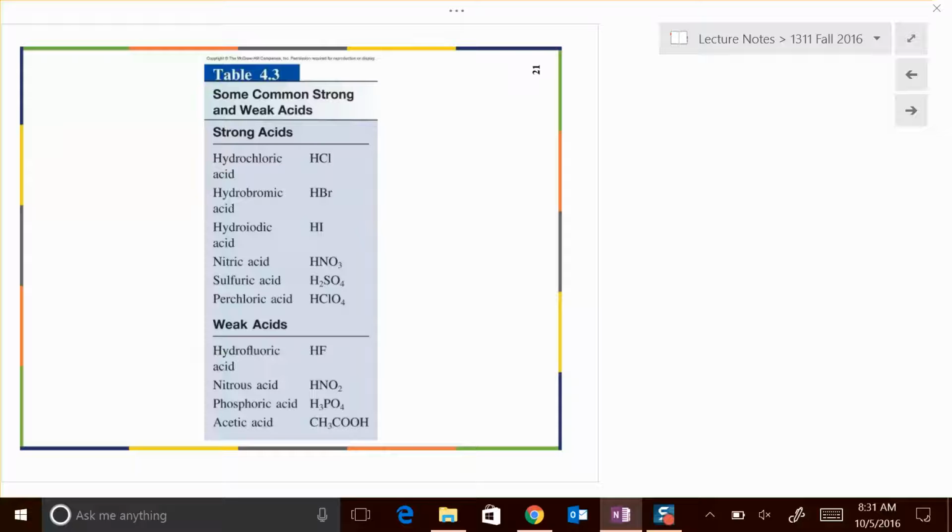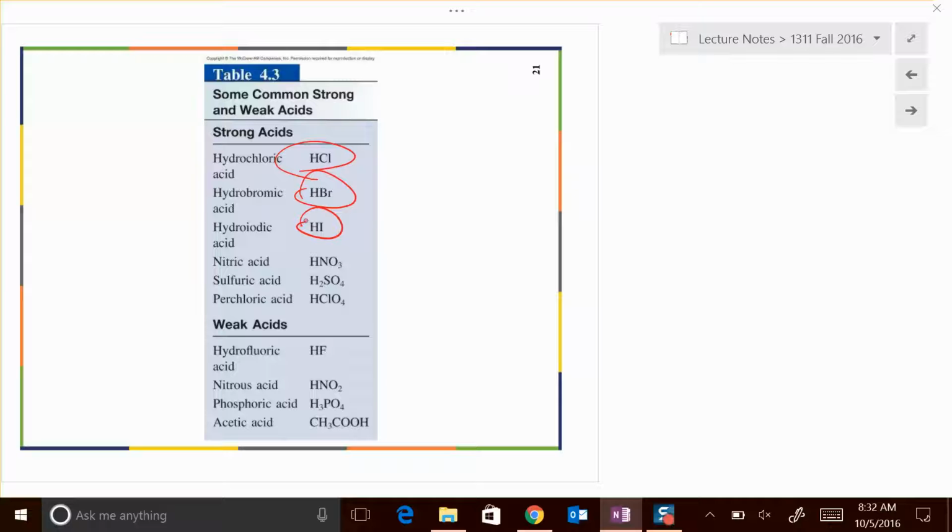So things like hydrochloric acid, hydrobromic acid, hydroiodic acid. Okay, those halogens, those are strong acids. Okay, except for HF, hydrofluoric acid, right? This is not a strong acid.